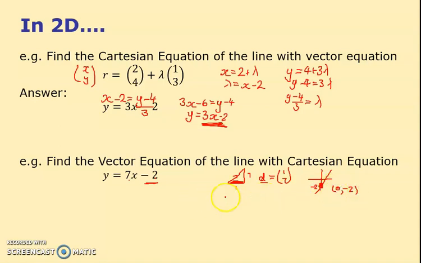So r equals, it goes through the point 0, minus 2, plus lambda, 1, 7. And once you realize that, it's actually quite easy. You find the y-intercept will always be 0, something, and the gradient will always be 1, something. Put a lambda in the middle and a plus, and you're sorted.